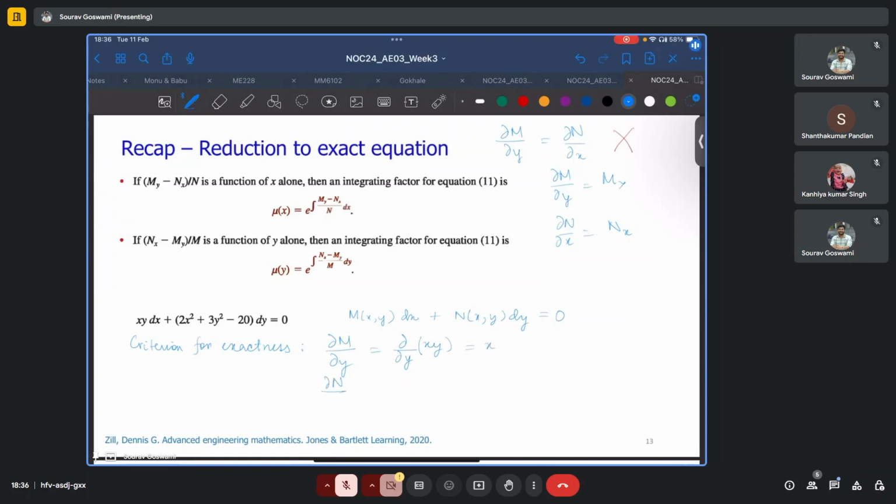Let us also find ∂N/∂x, which is ∂/∂x of 2x square plus 3y square minus 20, which is equal to 4x. And so we see that ∂M/∂y is not equal to ∂N/∂x, and so the given equation is not exact, at least in the given form.